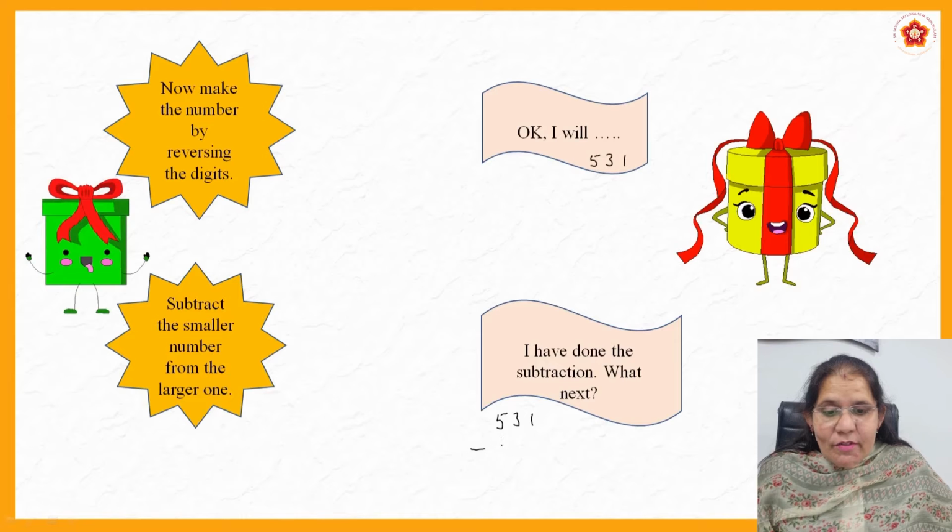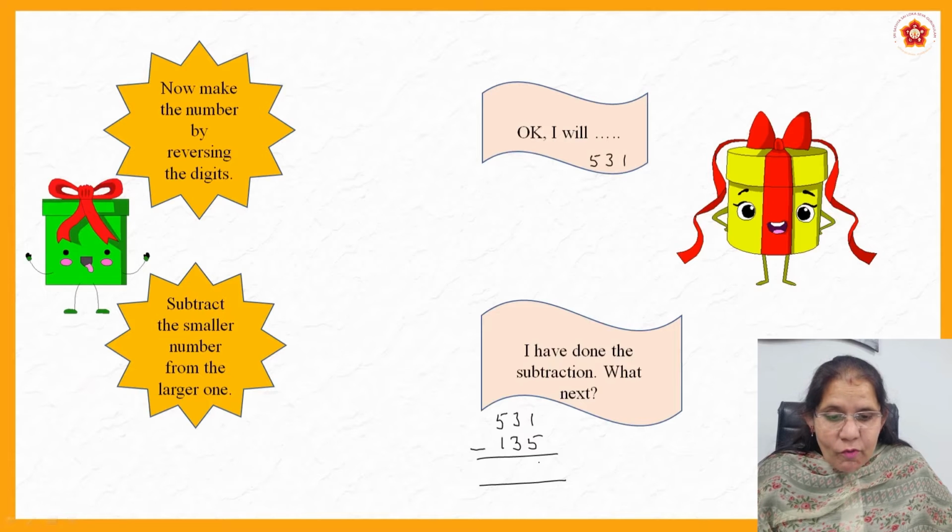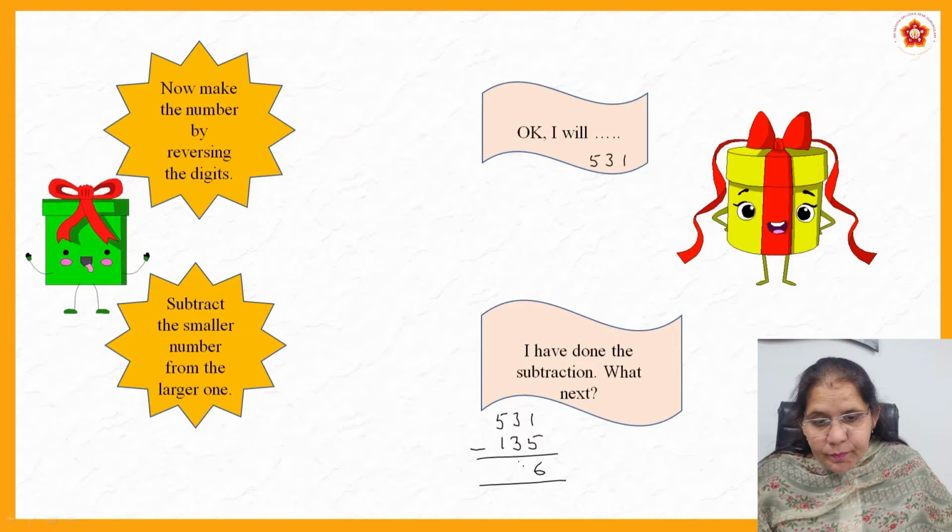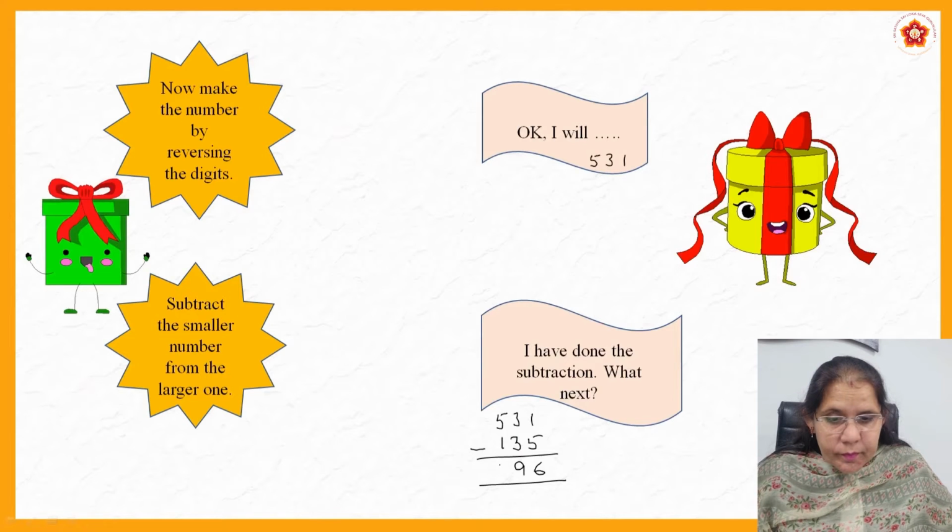So 531 minus 135. And let me tell you, learners, Oscar was doing all the calculation mentally. So she subtracted 135 from 531 and got 396.